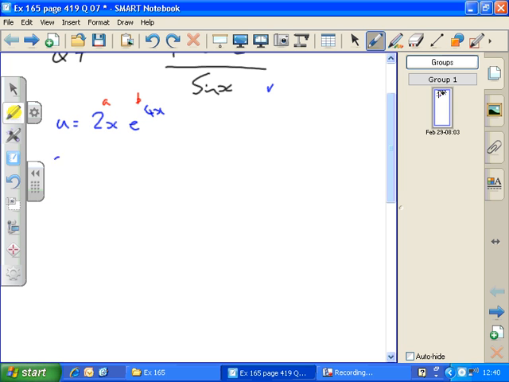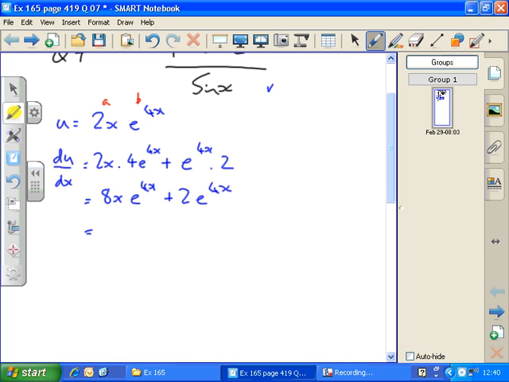So what's du by dx? It equals the first bit times the differential of the second bit, which is 4e to the 4x, plus the second bit, which is e to the 4x, times the differential of the first bit, which is just 2. Tidying that up, 2 4s are 8, we get 8x e to the 4x plus 2 e to the 4x.